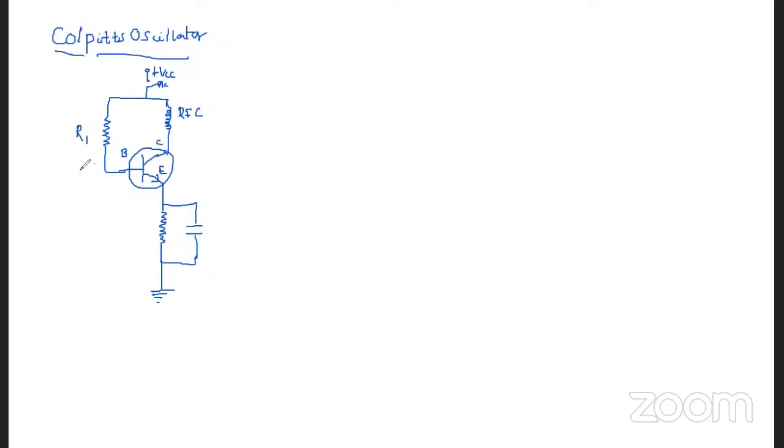And here we have a feedback circuit to the tank circuit. This is the capacitor C dash. And this resistance here, another resistance, this one, which is R2 here.